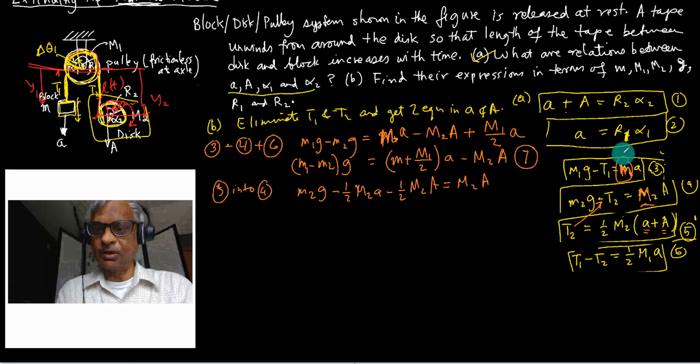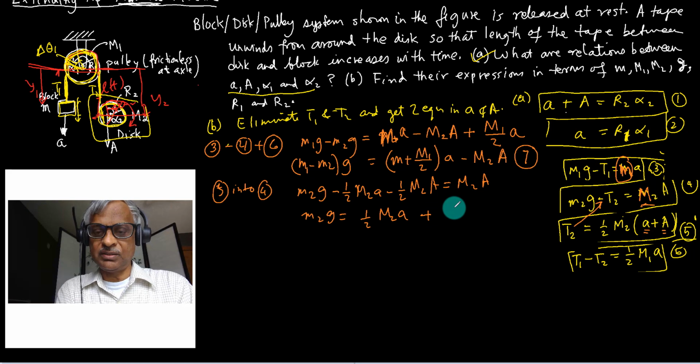This is the only small m. And now we can arrange it, and so we will get M2G equals half M2A plus 3 half M2A.